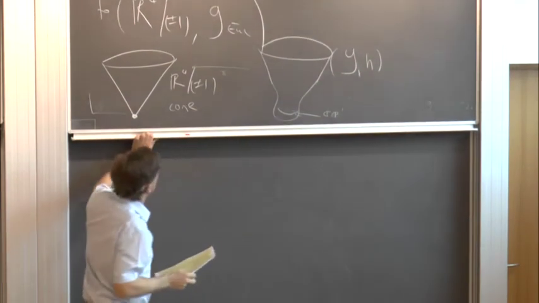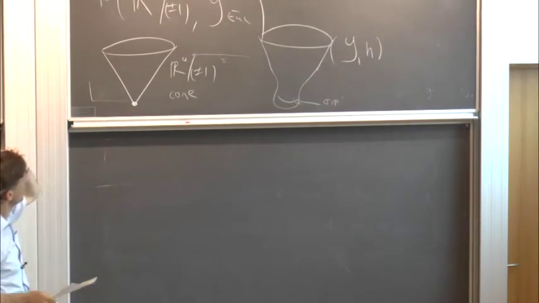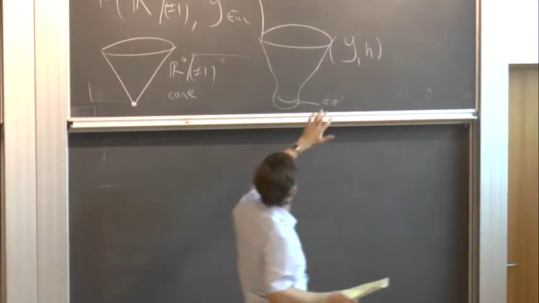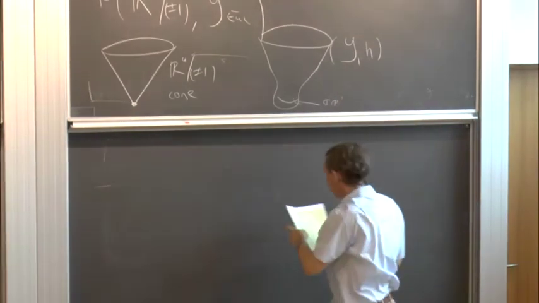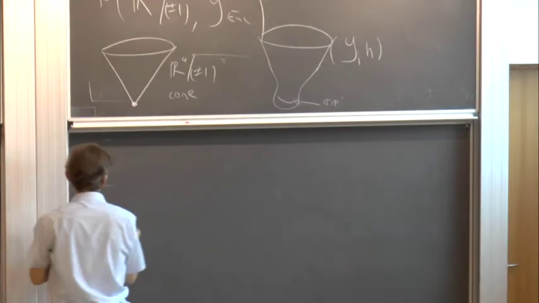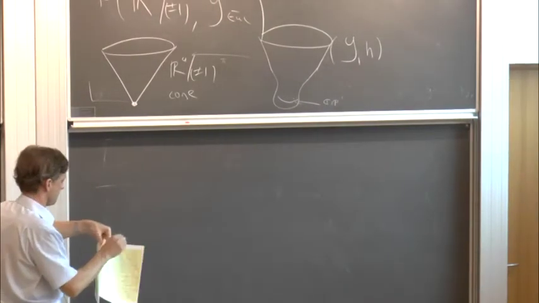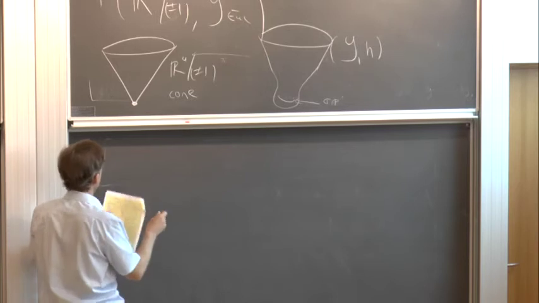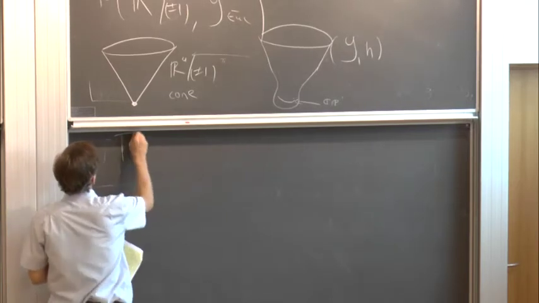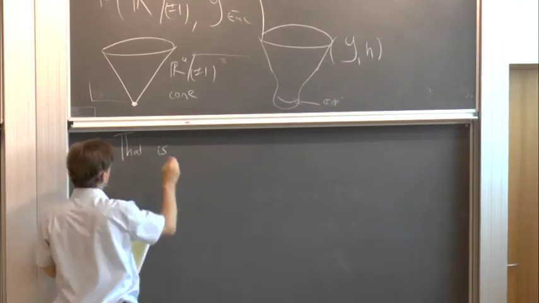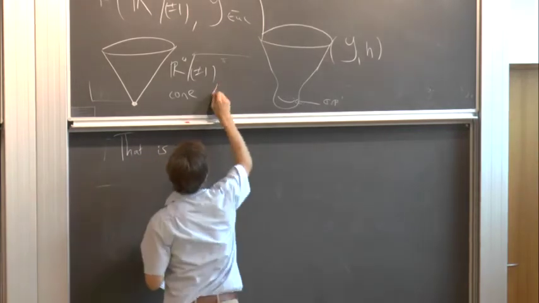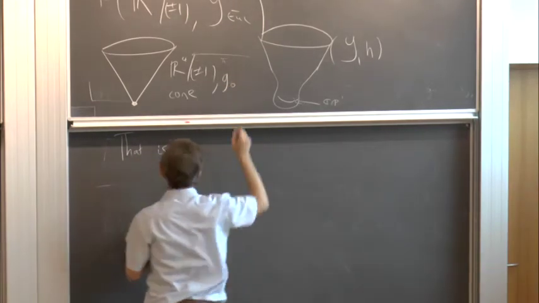Now, in fact, we want to consider not just one metric on y, but a one-parameter family. Let's say G0 is our Euclidean metric here.